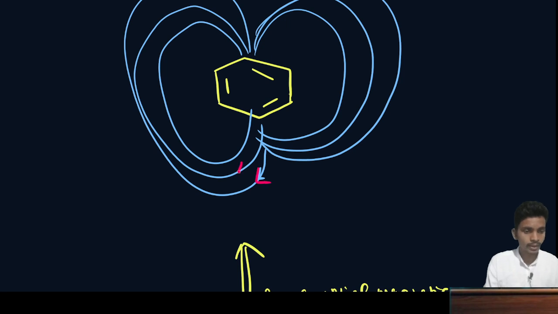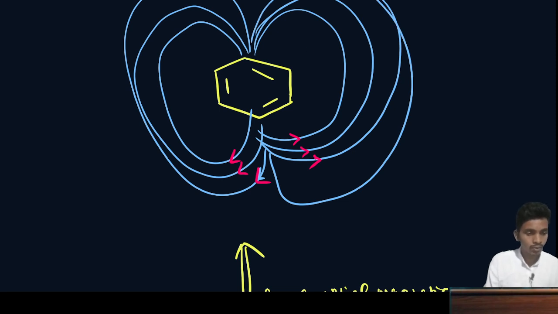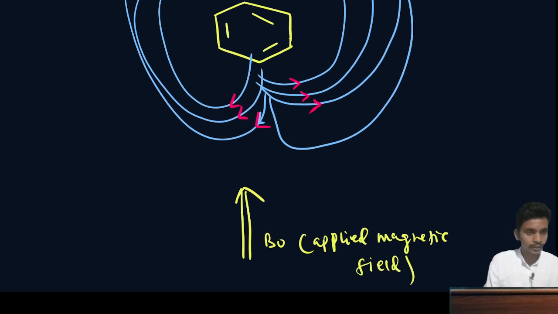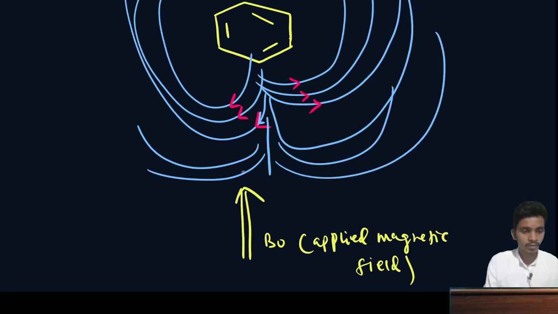Ring currents are in these directions. So ring currents are just opposite to the applied magnetic field. So here the induced magnetic field is in this direction.